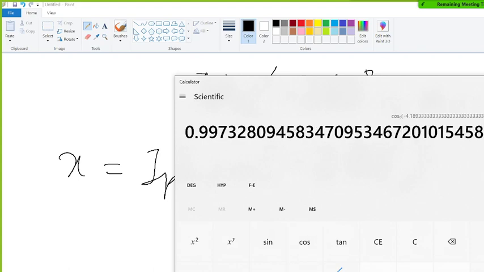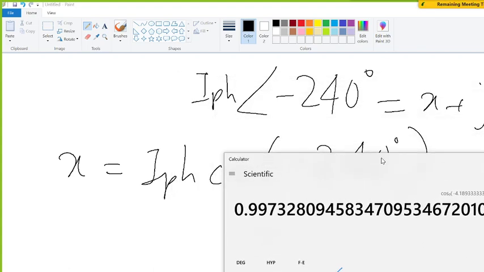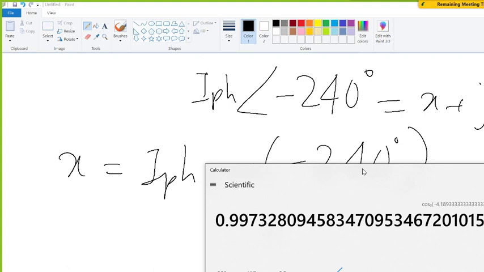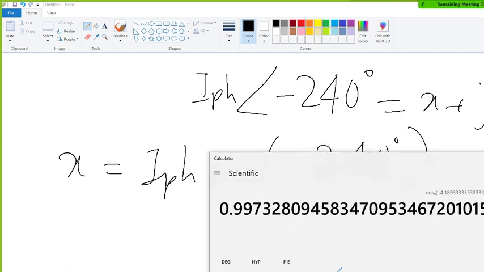So cos of this. This should be half. There's something wrong. I'm doing something wrong here.